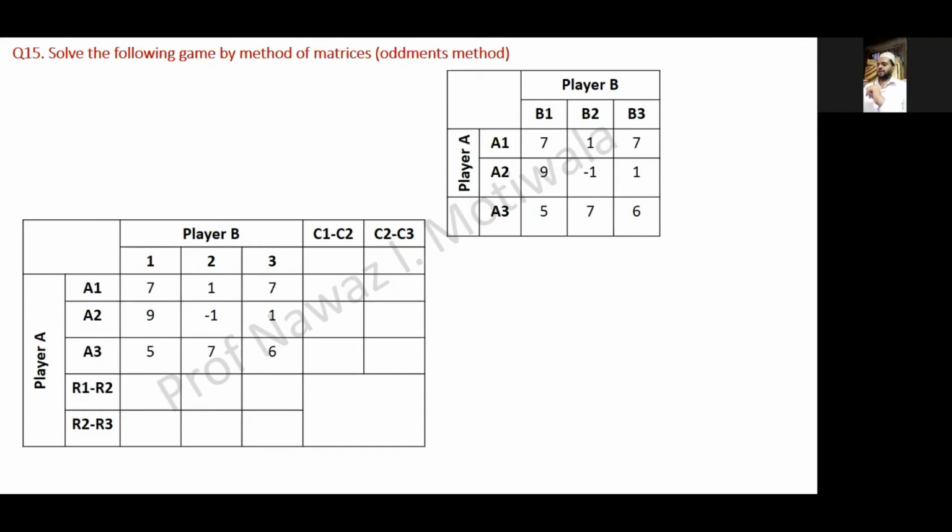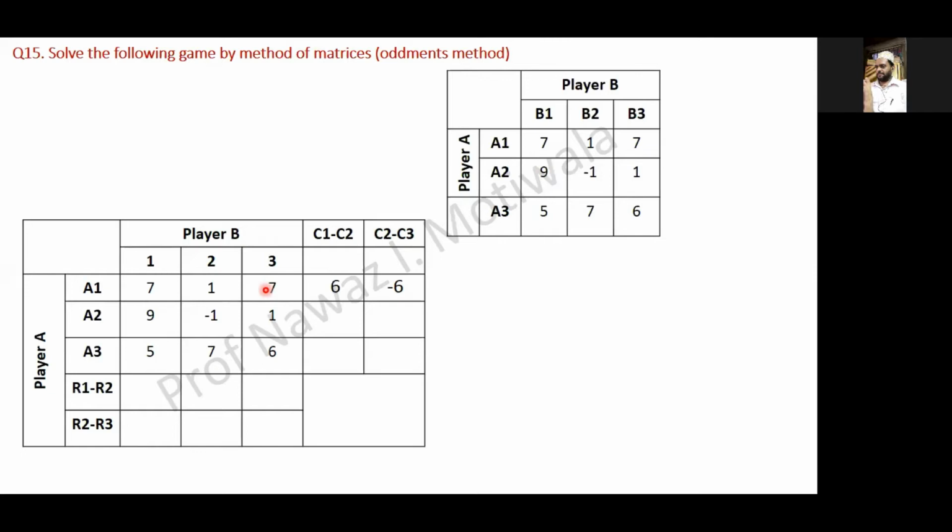Proceeding forward with this, first you can see that if I take 7 minus 1, I get the answer as 6, which I will place here. 1 minus 7 will be minus 6. Please look at this step.